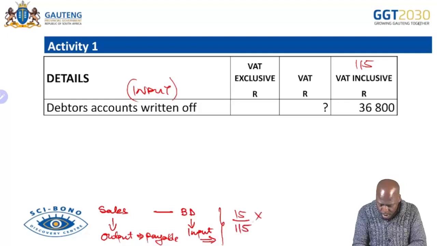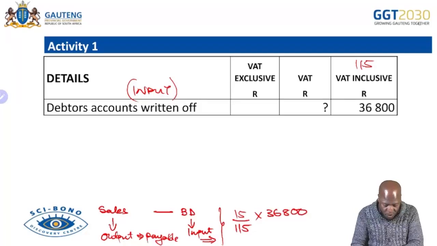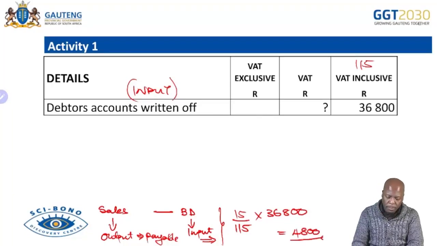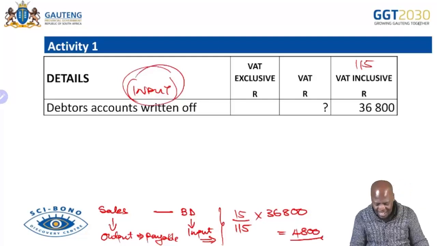And remember, the second amount is your 36,800. So 15 over 115 multiplied by 36,800 should give you 4,800. Input or output, we've already determined that one. It should go to my input.